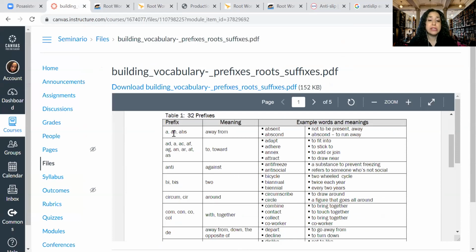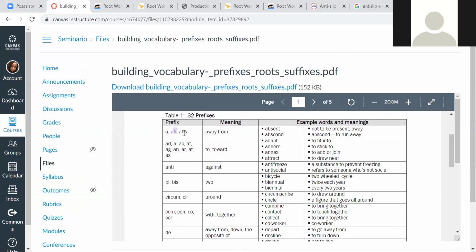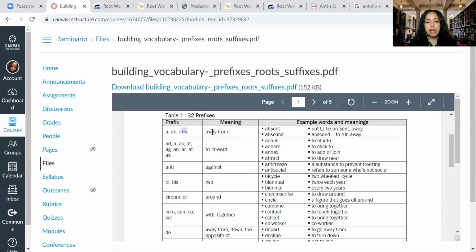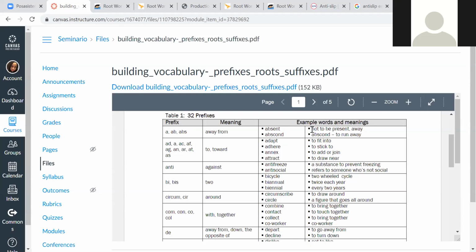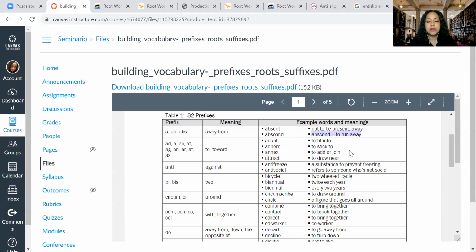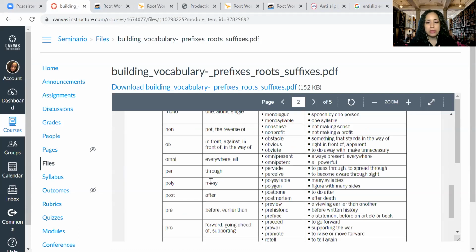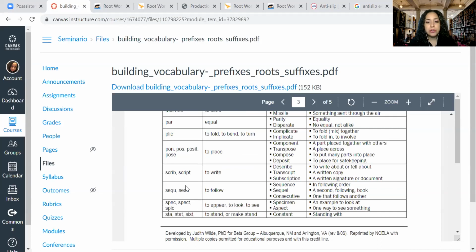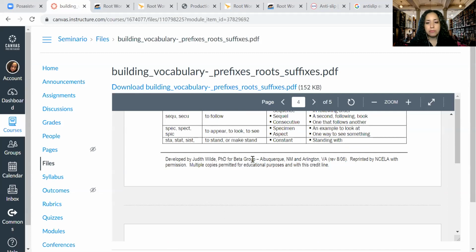You have more prefixes, for example, every prefix that starts with ab or abs means away from. The examples like absent, abscond, and then it's telling you the definition or an example of where to use that word, and so on. So the list is long. I'm just showing you the files. If you want to go to the original file, it's telling you that it is in here from the beta group.